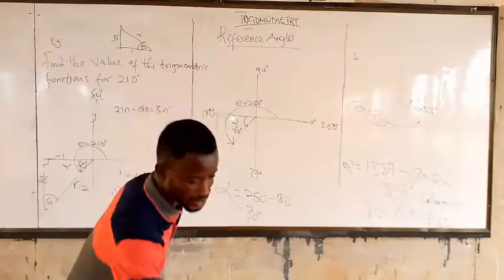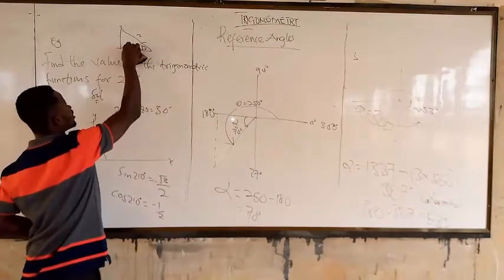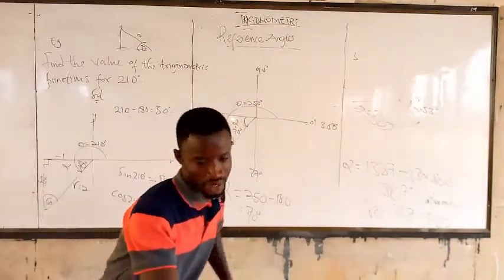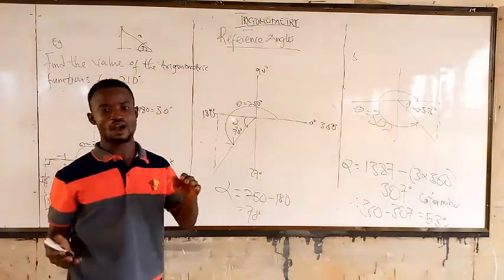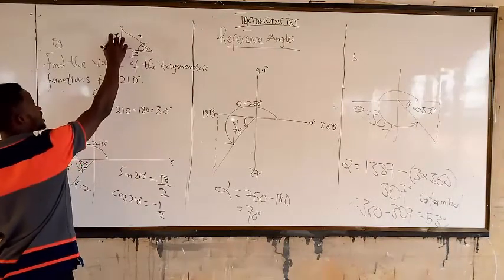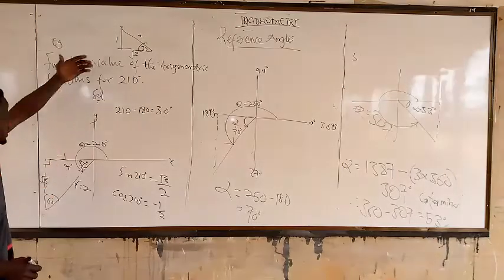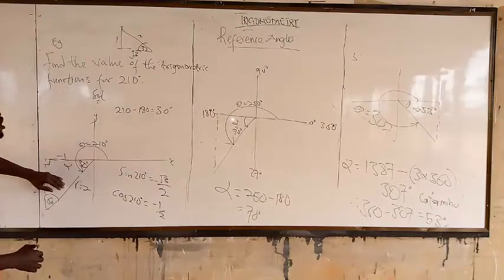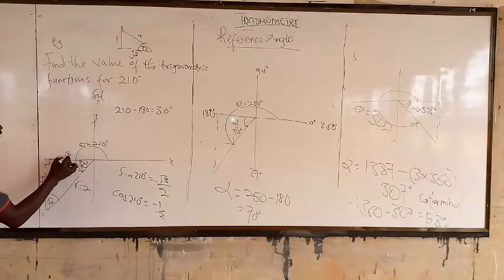Oh, sorry, let's correct this mistake. Now, when we're having the 30 degrees to be our reference angle, the square root of 3 is the x, and this is rather 1. Alright? So when we project this in the third quadrant, the x value here is going to be negative square root of 3.